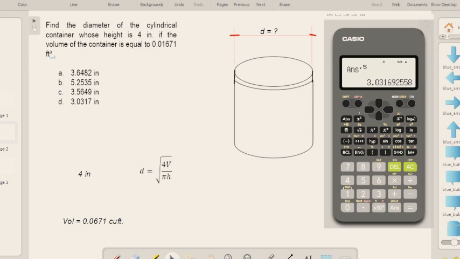Then we have the height of the cylinder, which is equal to 4 inches. This is the height of the cylinder.